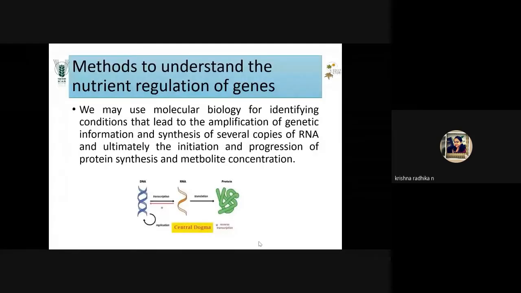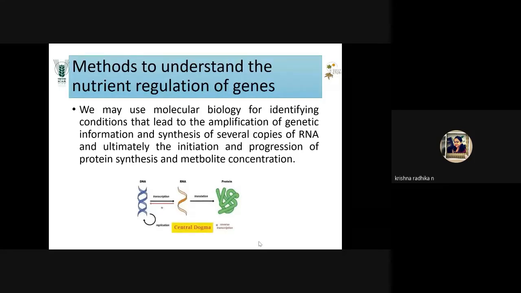Now we have seen what nutrients are and what the mechanism of action of nutrients is, and now we have to understand it. For understanding the mechanism of action, we have to use some tools. The basic principle in understanding these tools is the central dogma, that is, DNA through replication generates DNA, and through transcription generates RNA, and RNA in turn through translation generates protein.